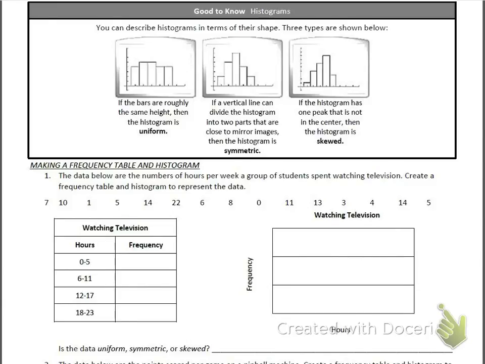Let's take a look. Every time we go down the list, I'm going to count how many are between 0 and 5. So 1, 2, 3, 4, 5, 6.